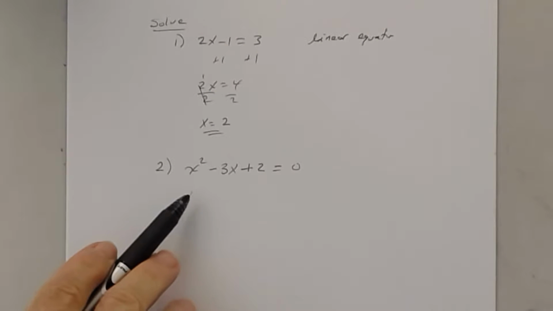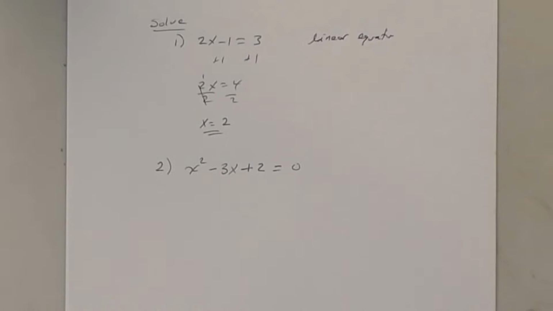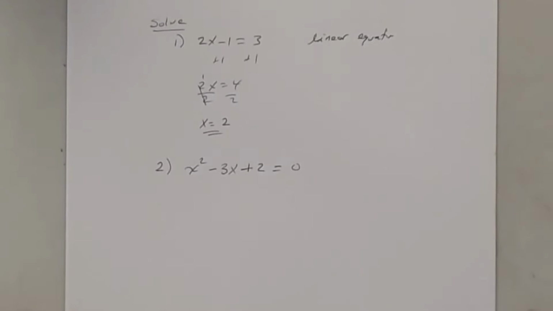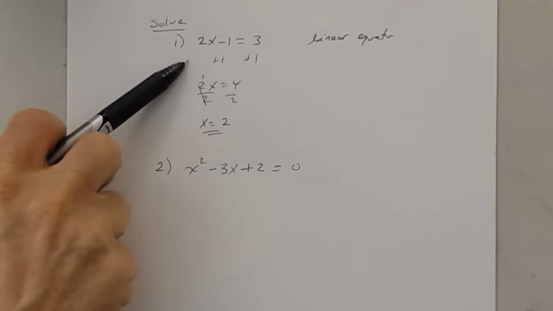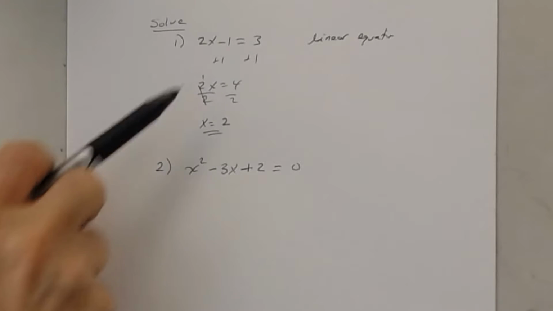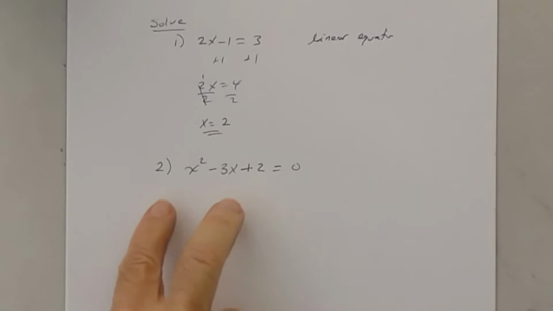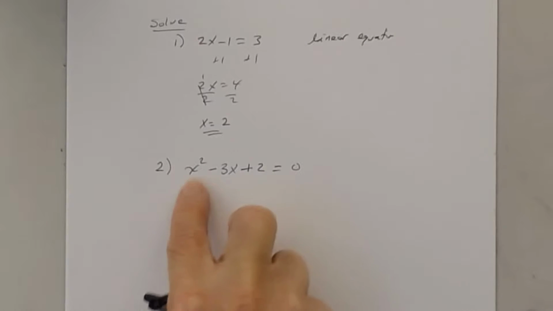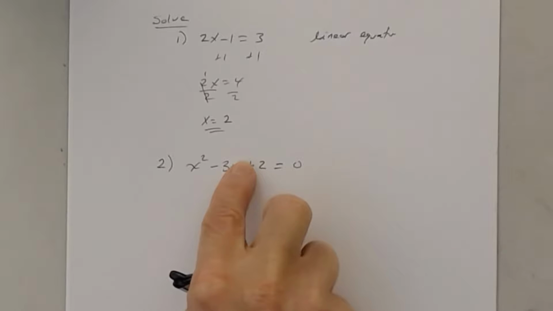Can I isolate the variable by itself? No. I cannot solve this one like I did this one. Here I can easily get the variable x by itself. Here I can't, because there are how many terms that have the variable x here? 2, and they're not all being raised to the same power. This is being squared, this is being raised to the first power.